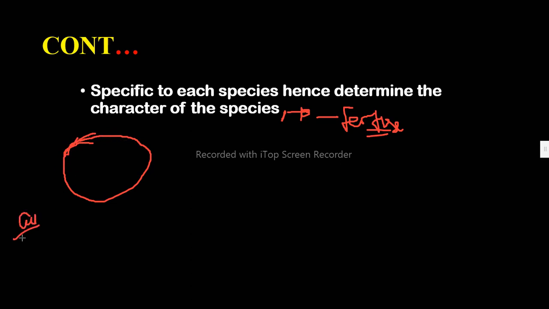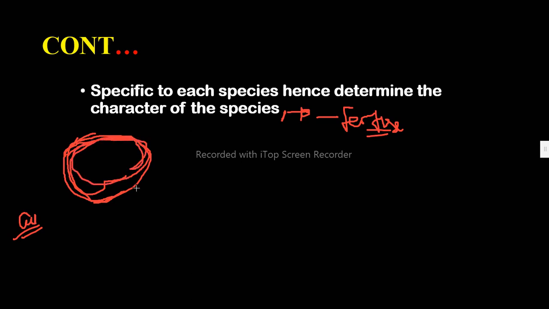So the ovum has a layer that is impermeable to these sperms. It is a layer made up of fibrous tissues, just fibers.